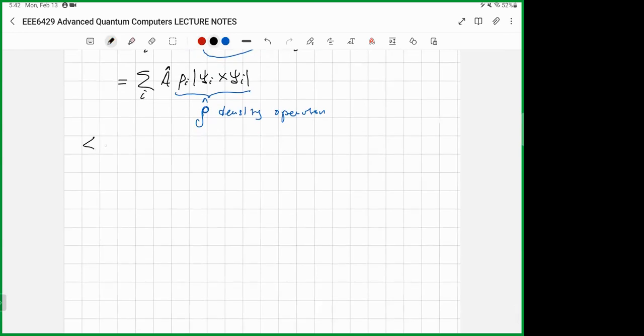So the expectation value of any operator would be equal to the sum over the product of operator A and operator rho, which is equal to the trace of operator A and operator rho.